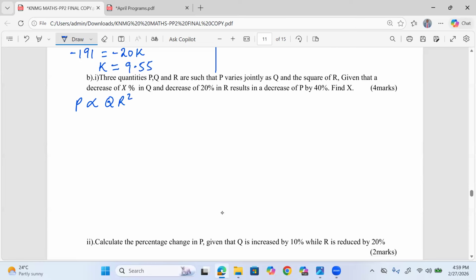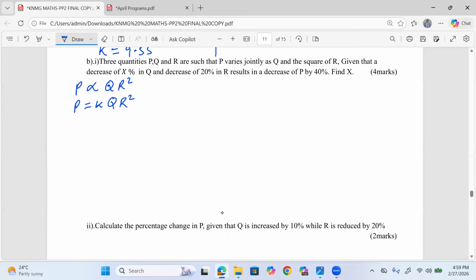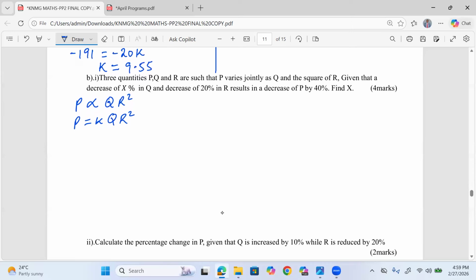So with P equals a constant times Q R squared, changes in Q and R will affect P. So we are given the change in P already, but the change in Q is unknown. Or we can simply make Q the subject.